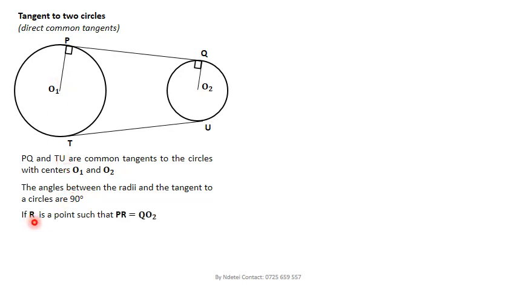Again, if we have our point R such that PR is equal to QO2, understand that QO2 is the radius of the smaller circle.